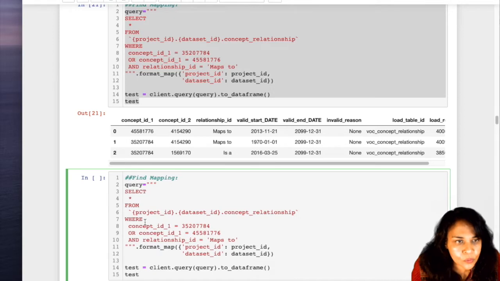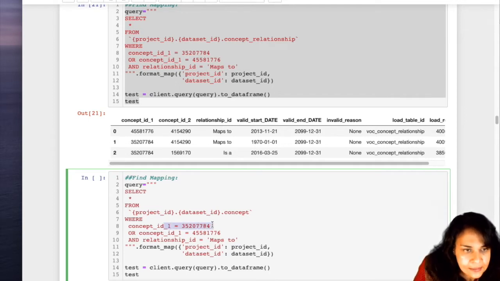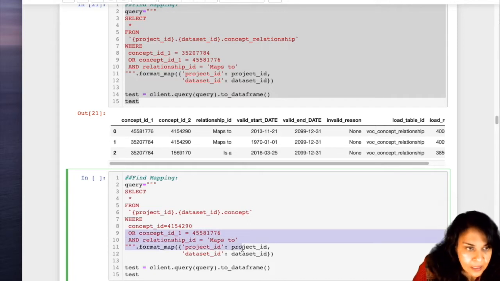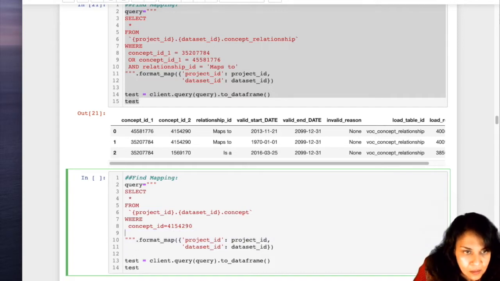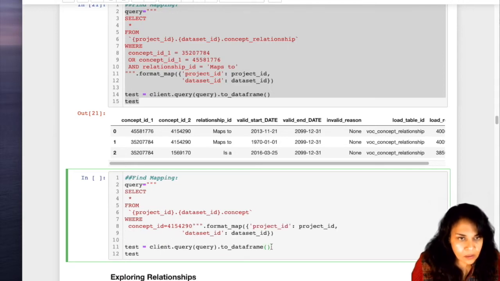So I'm going to select from the concept table where concept ID is equal to 4154290. Okay, so this should work.